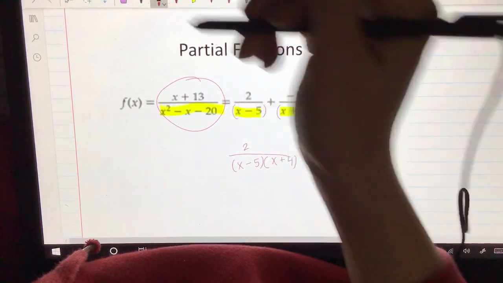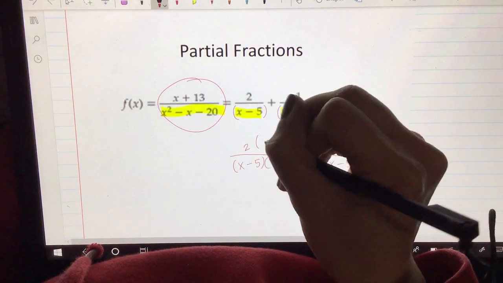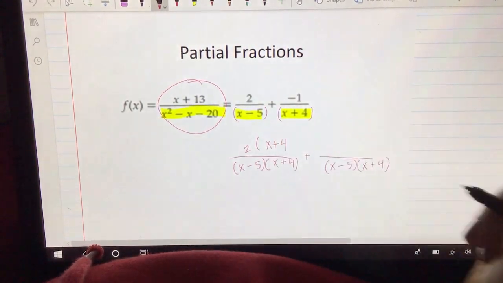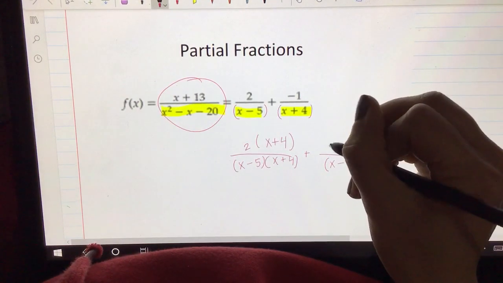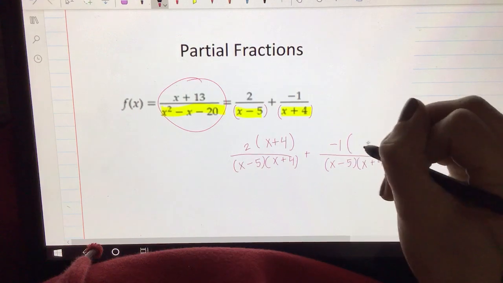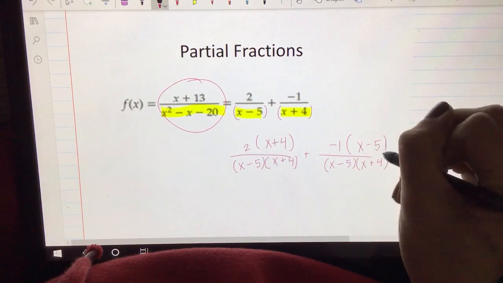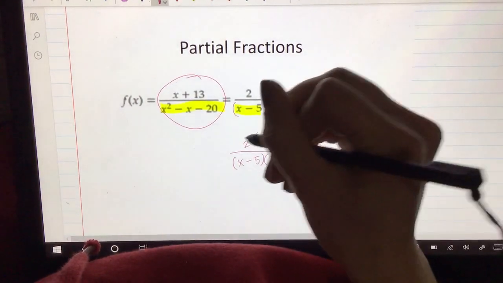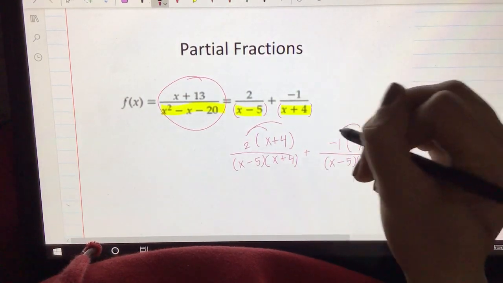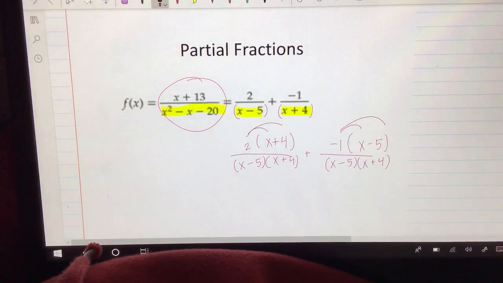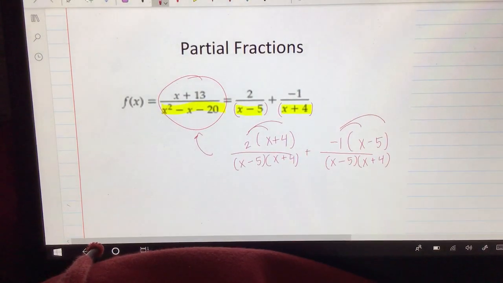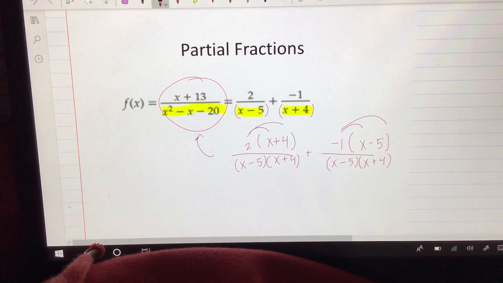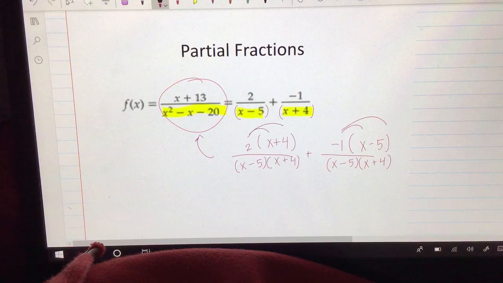In our first fraction, we would have had to multiply by x plus 4. In the second fraction, we would have had to multiply by x minus 5. Once you distribute the 2, distribute the negative 1, and combine your fractions together, you would end up with x plus 13 over x squared minus x minus 20.